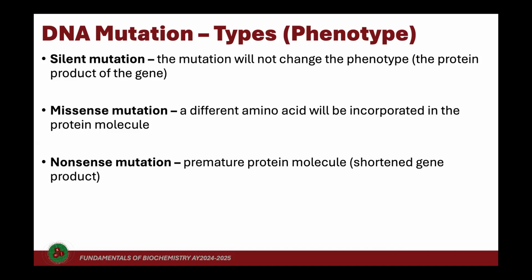So that changes the primary sequence of your protein. Or you get a nonsense mutation, which means there's a certain codon that was mutated to a stop codon. So that leads to a premature ending of protein synthesis. So you get a shortened gene product.